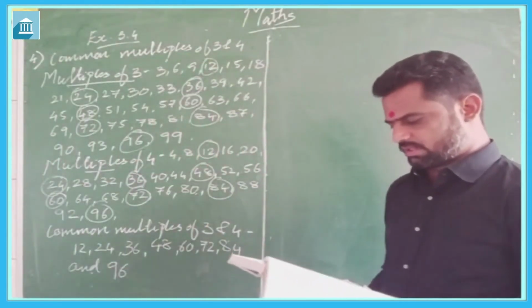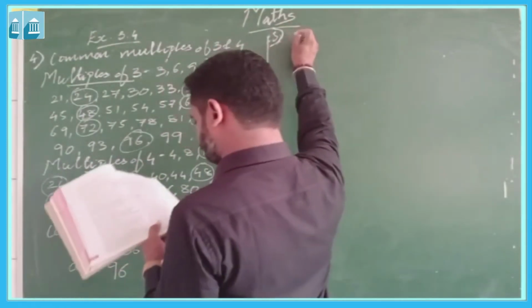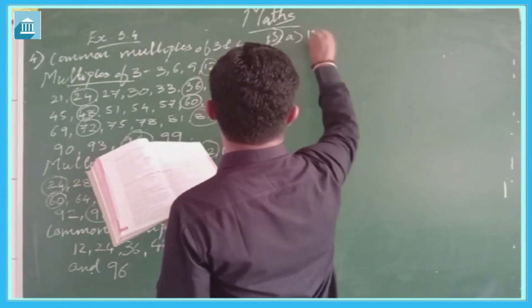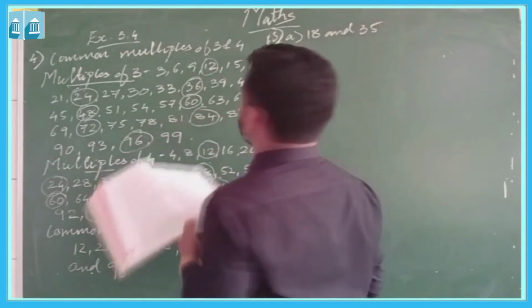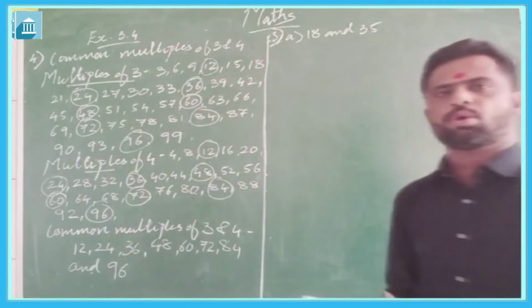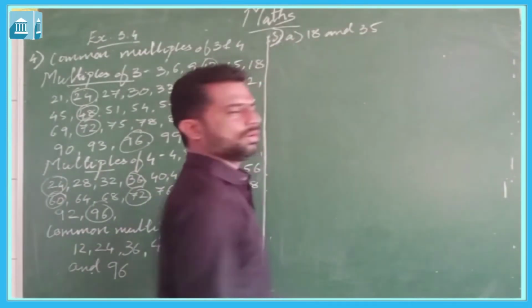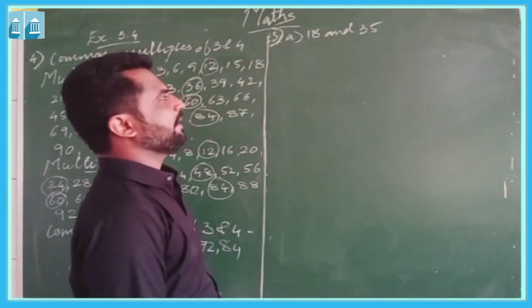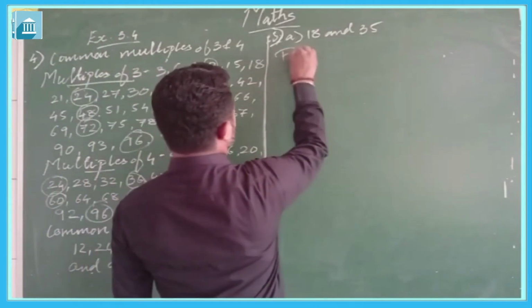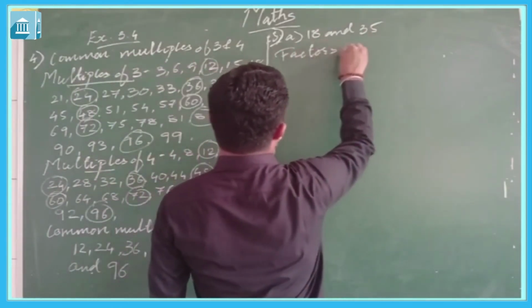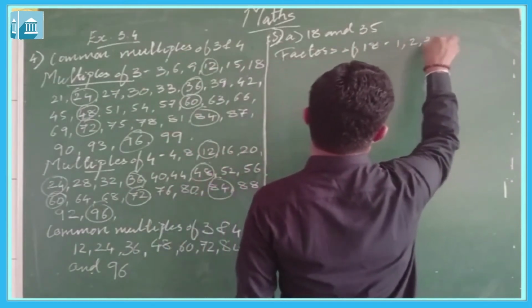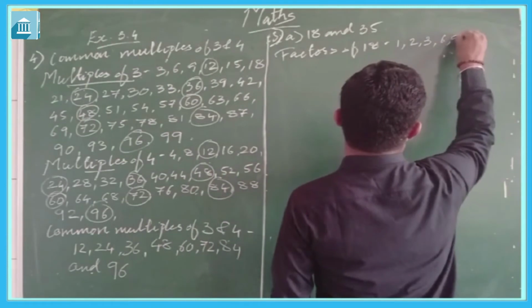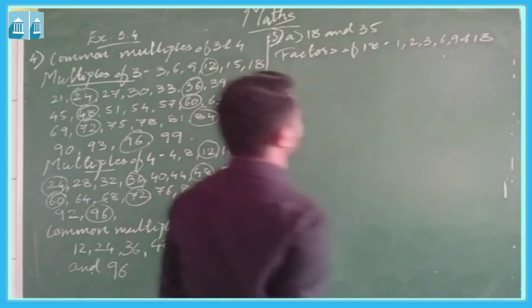Which of the following numbers are co-prime? As we had discussed earlier, 18 and 35. As we had discussed earlier, co-primes are the numbers which have 1 as their only common factor. Here we need to find out the factors of 18. Factors of 18 are 1, 2, 3, 6, 9 and 18.